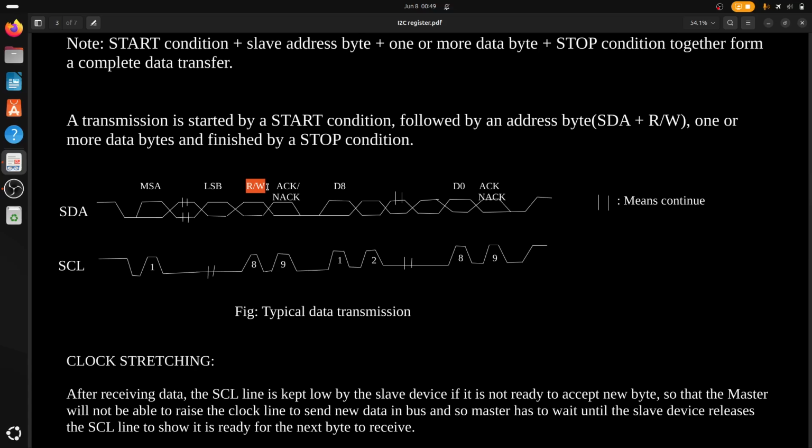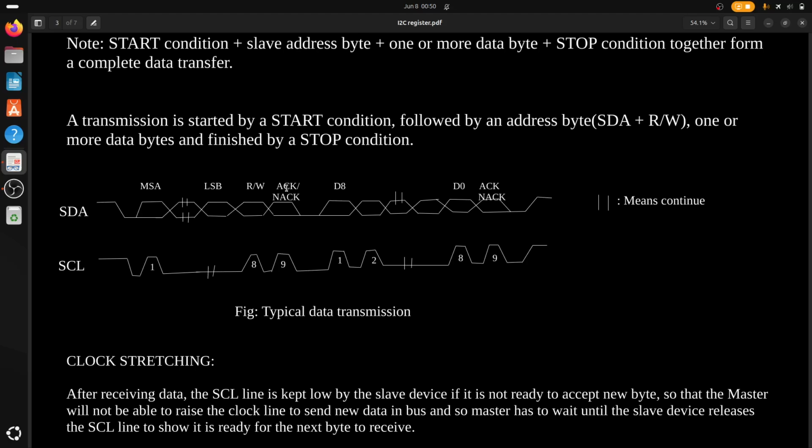Whether to read, or receive data from the slave device, or write, meaning transmit or send data to the slave device. It will be done in the 8th clock cycle, and acknowledgement means whether the receiving device, or slave device, is ready to receive the data that the master is going to send.